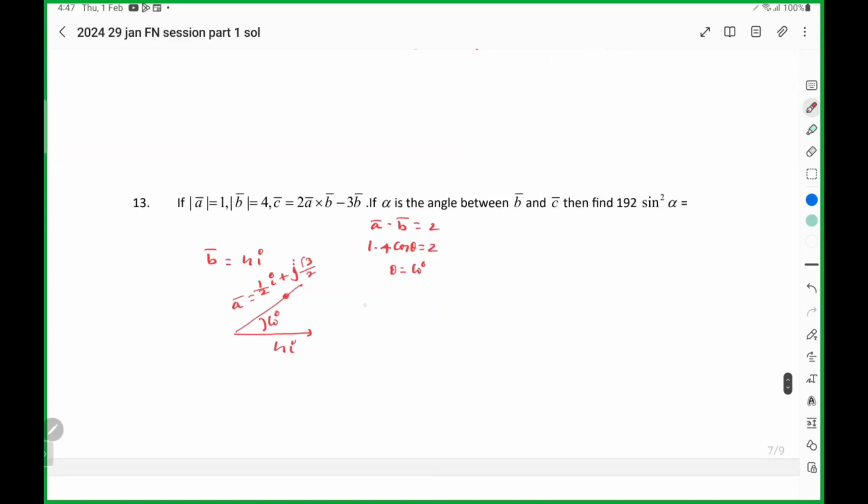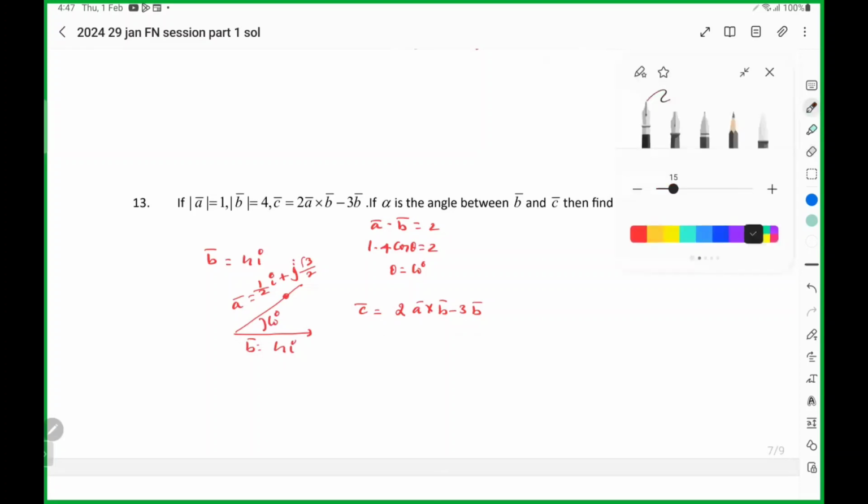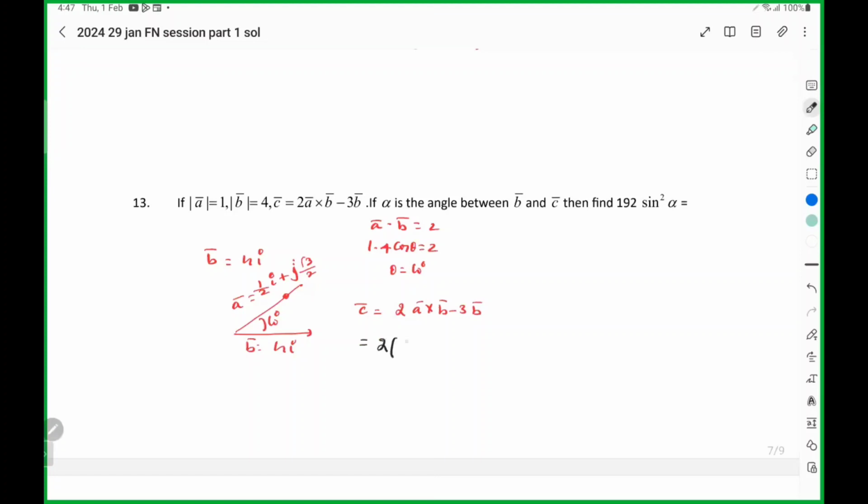Then C bar will be 2 A cross B minus 3 B bar. A here is half i plus root 3 by 2 j, cross 4i, minus 12i. i cross i is 0, root 3 j cross i, which is minus k, minus 12i.